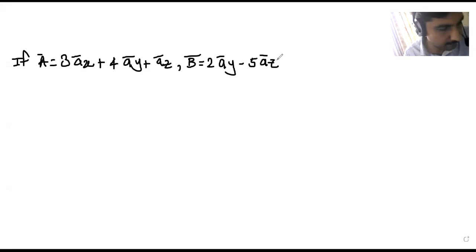So two vectors are given, and what they are asking is to find the angle between a bar and b bar. So this is what they have asked.